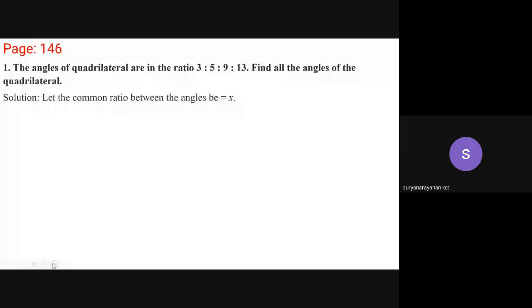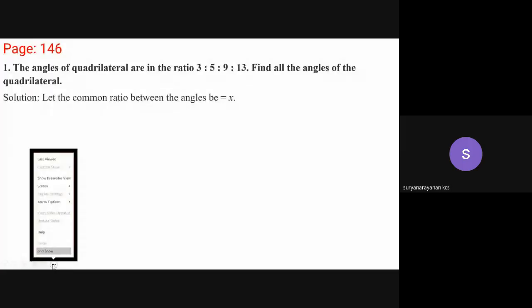No, sir. Wait, just wait for a moment. Now, are you able to see the screen? Yes, sir. Okay, is it okay now? Please read that solution, first line.